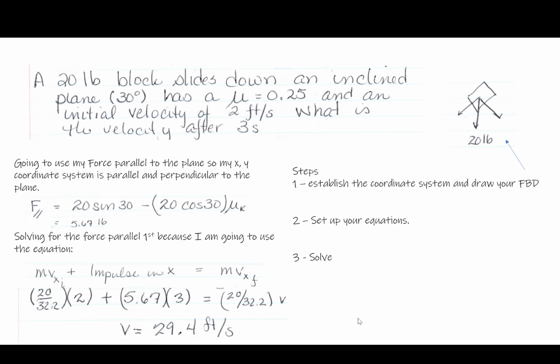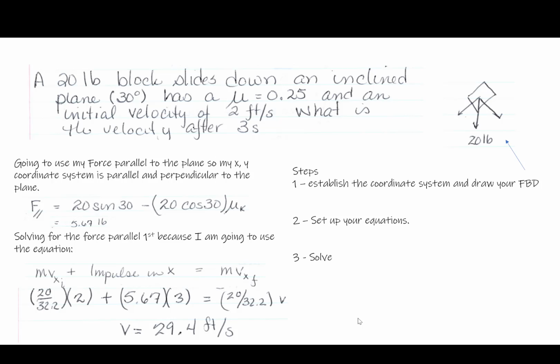I've got my angle, the 30 degrees, and I have to account for my normal force. Remember, friction is fun because my force due to friction is equal to mu, which looks like a U, times my normal force. So I get the force down the plane, and in this case, that's going to end up being 5.67 pounds.